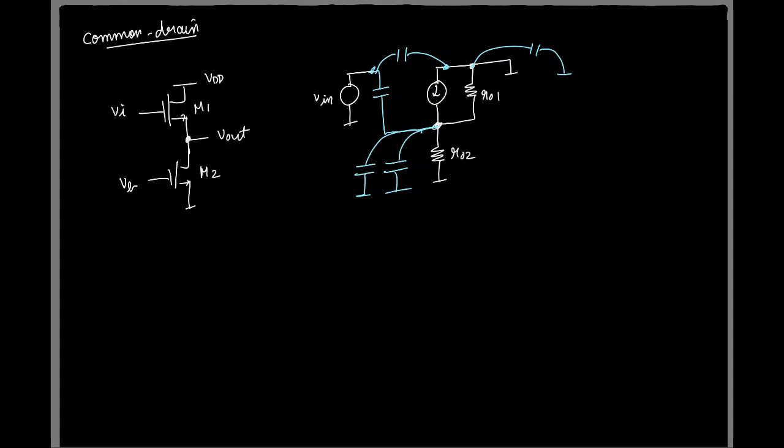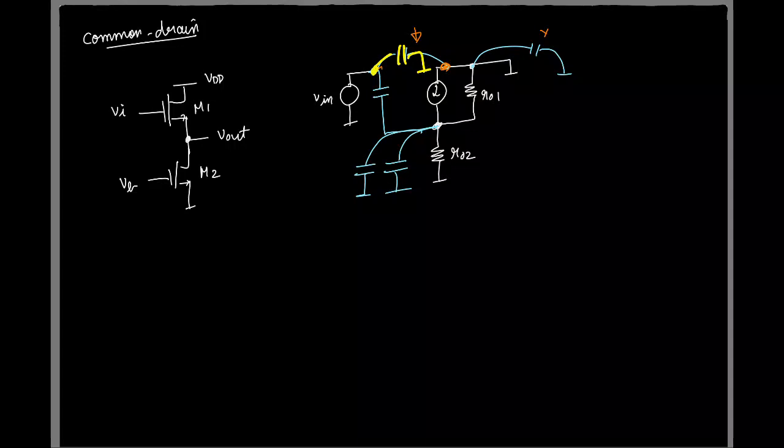So now if you look at the capacitors we have marked, this capacitor here is connected from ground to ground, so it's not relevant, right? And this capacitor, one end is connected to the voltage source, other end is ground, right?